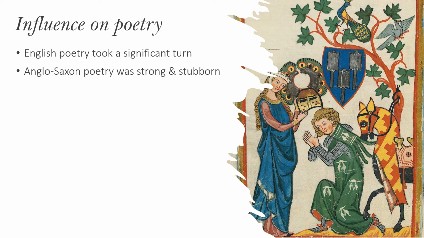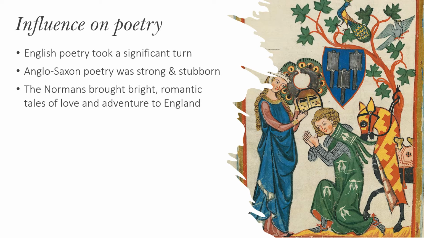We already looked into the various poems written during the Old English period. Most of the poems dealt with heroes and their adventures. You can take the example, Beowulf itself talks about the adventures of the hero Beowulf.